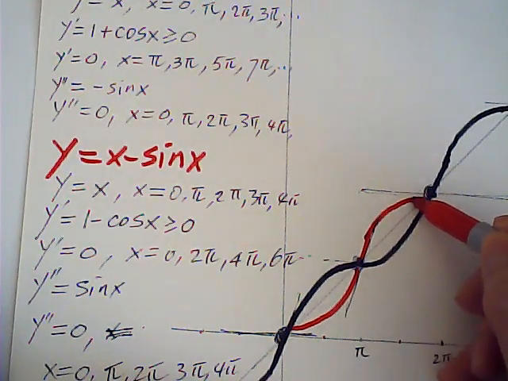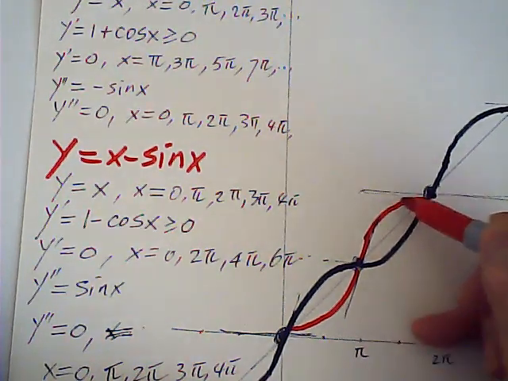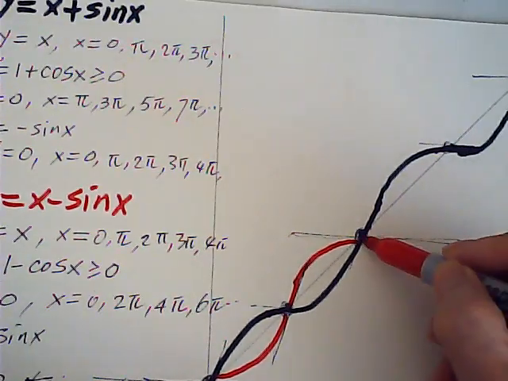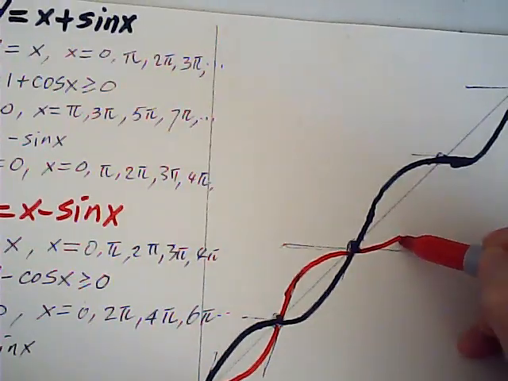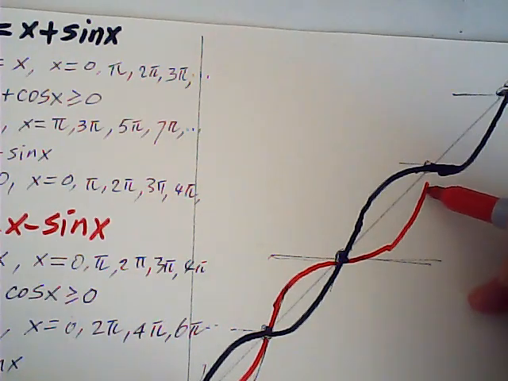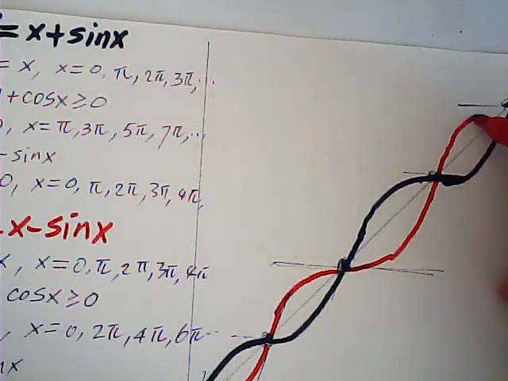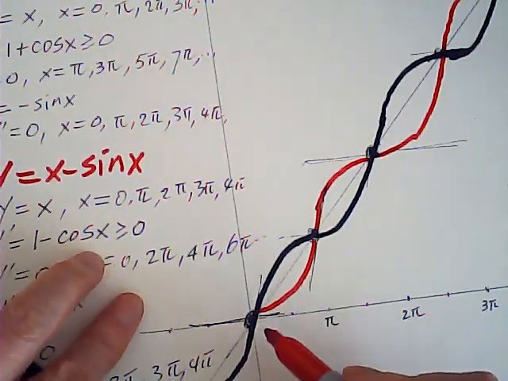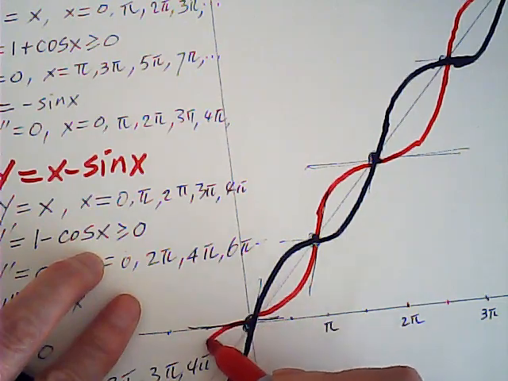Then horizontal tangent line, and tangent slope is 2, and slope is 0, and so on, right? So this is the same thing, horizontal tangent line.